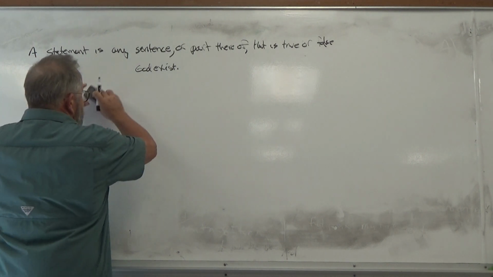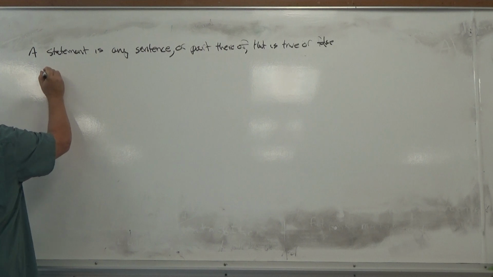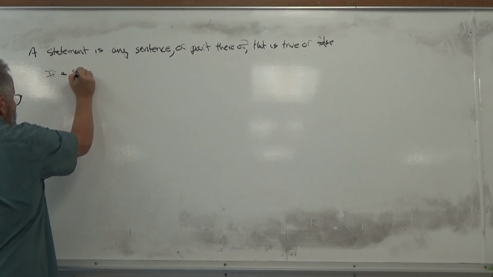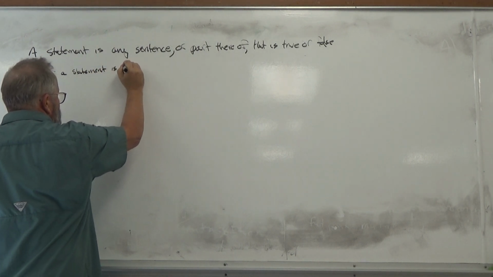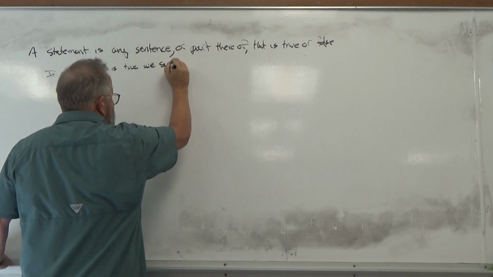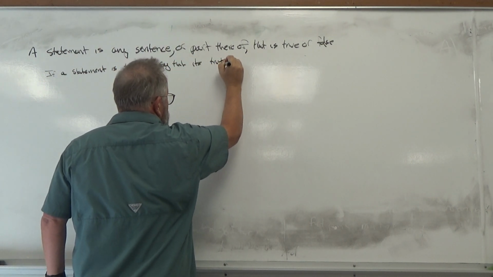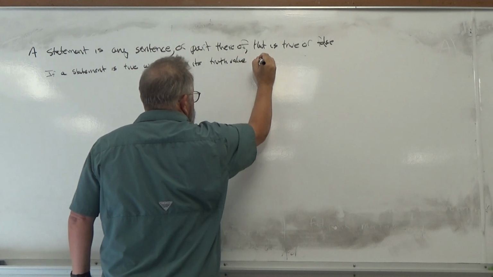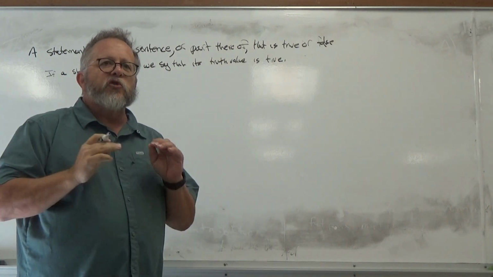Now, and this is just about how we speak, so it's some nomenclature. If a statement is true, we say that its truth value is true, okay? So we talk about statements having truth values.